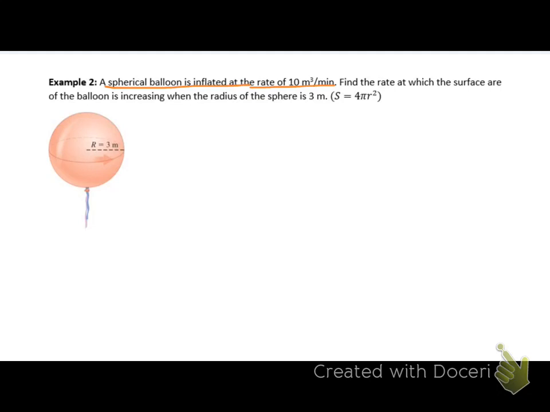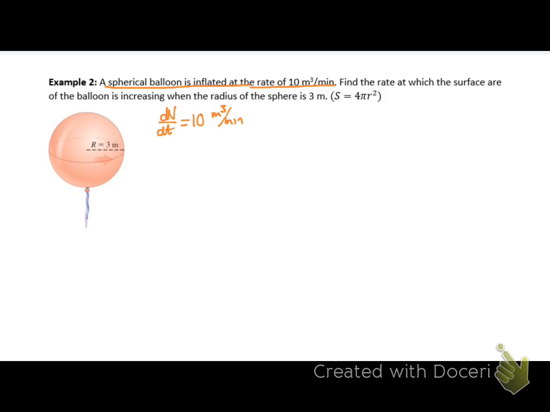So they've actually given us the change in volume of the sphere, which means that we're going to have to use that somehow, right? That is a thing that they gave us, even though it's not written anywhere in here that we're going to be dealing with volume. But we know that if something's inflating at a cubic rate, then that's going to be volume. So dV dt is 10 meters cubed per minute.